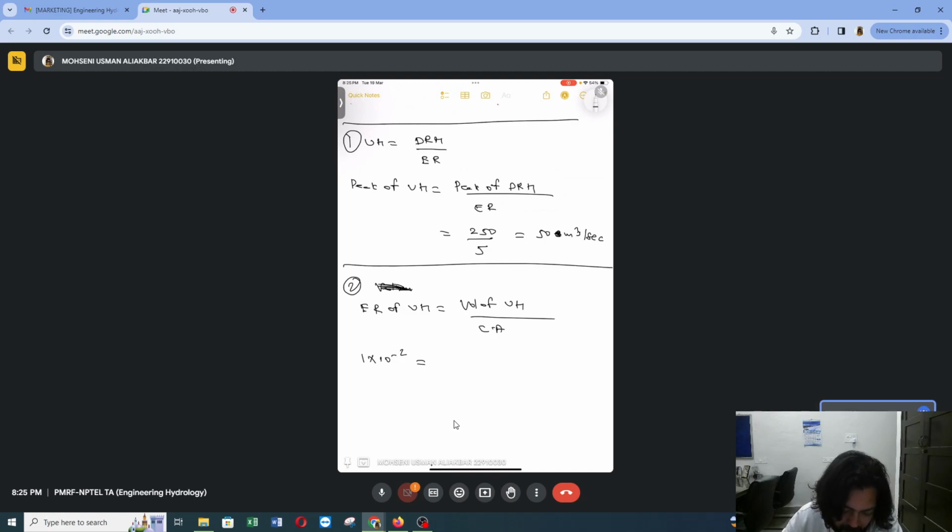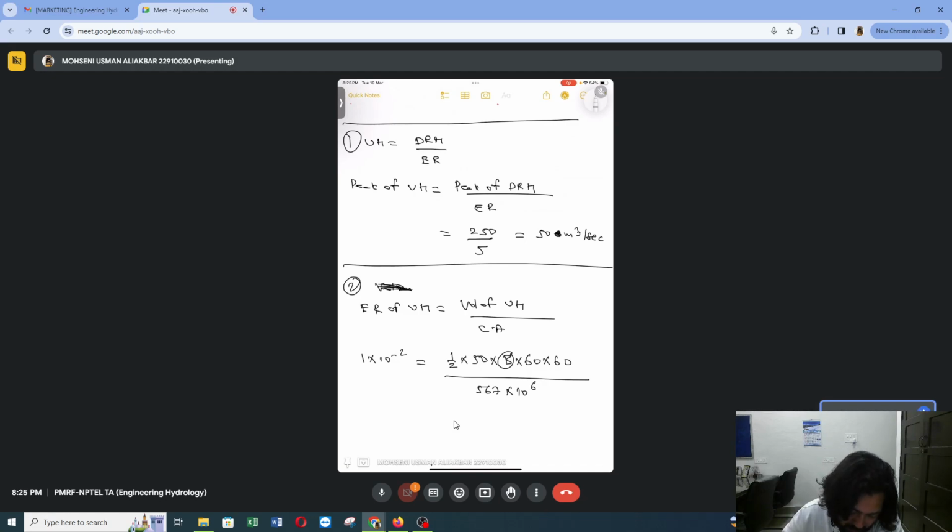That volume of the unit hydrograph is nothing but half into the peak of the unit hydrograph, which is 50, into the base. The base is unknown to us, but it would be in hours, so we are going to convert that into seconds. This is the unknown term, and they have also given us the catchment area, which is 567 kilometer square. We have converted that into meter square, right?